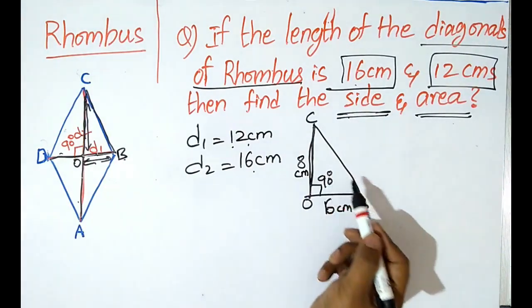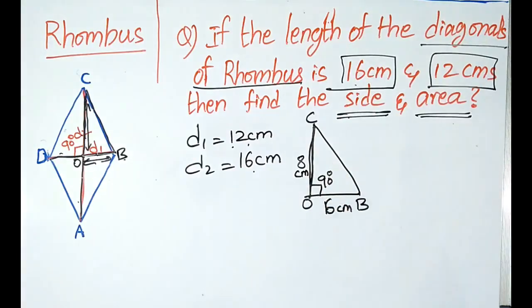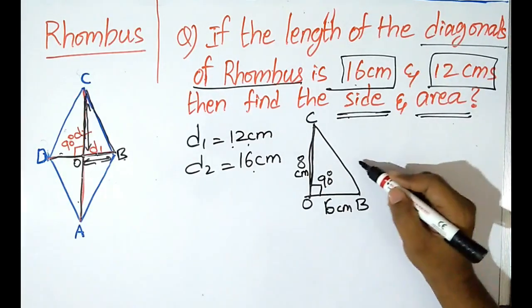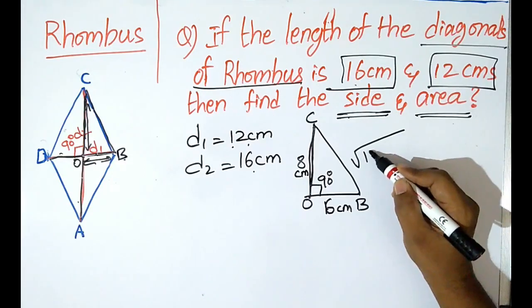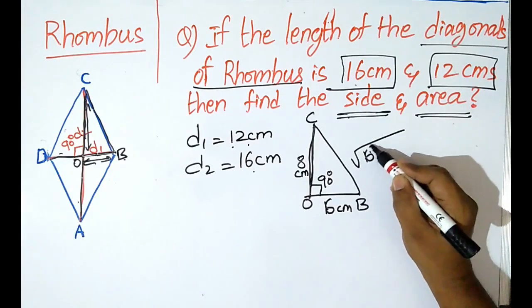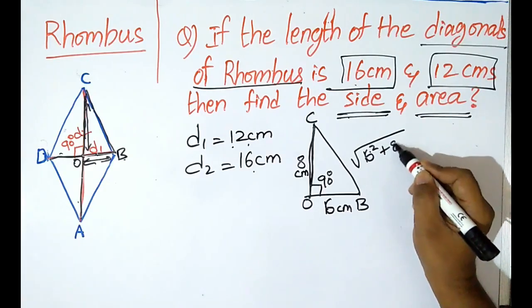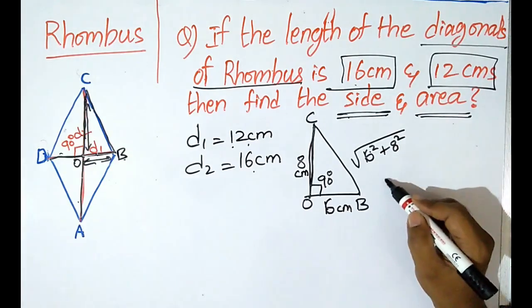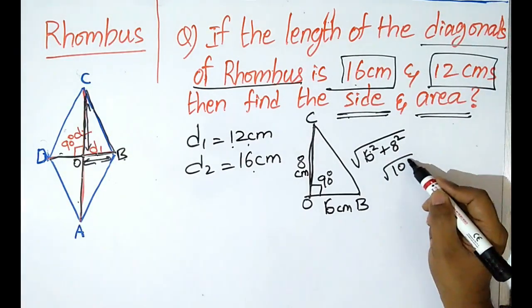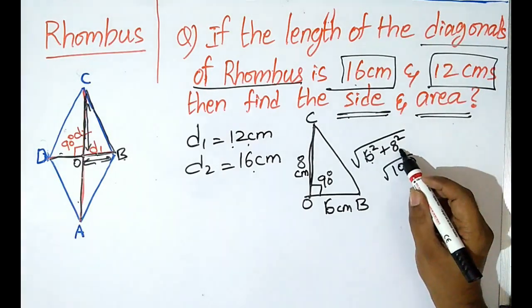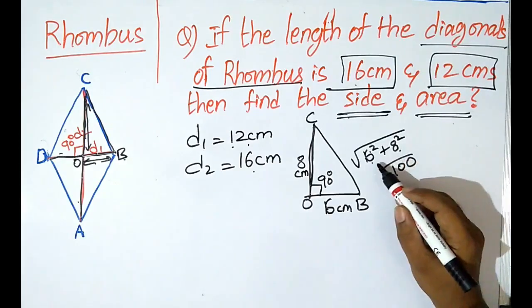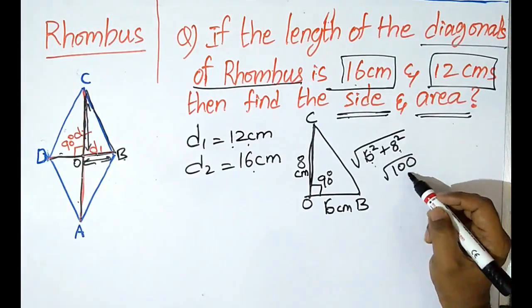At 90 degrees, this forms the right angle triangle. From this, the hypotenuse is given by Pythagoras theorem: 6 square plus 8 square, that is 36 plus 64, which is 100.